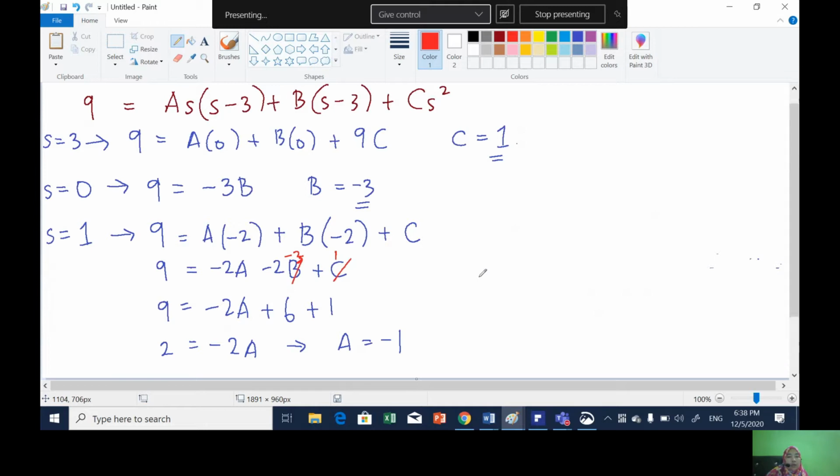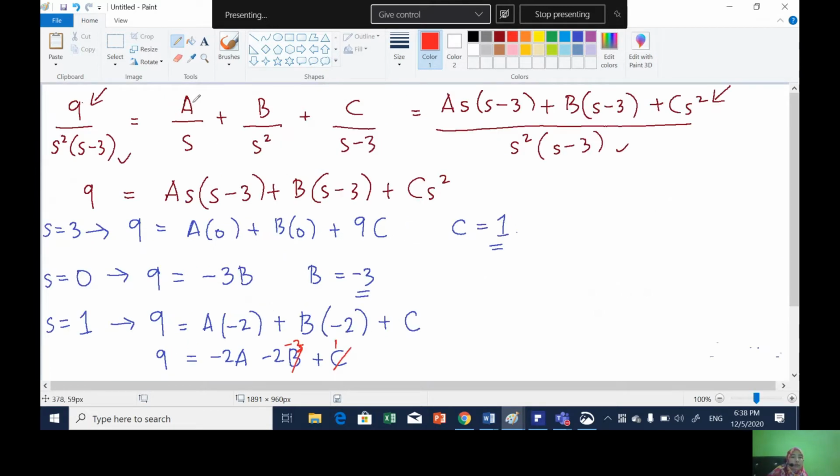So we have A as negative 1, B as negative 3, C as 1. Therefore, this fraction has been reduced to 3 partial fractions. Each of these 3 partial fractions can be inverted directly from the Laplace table.